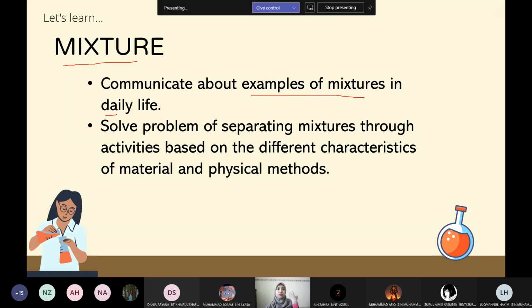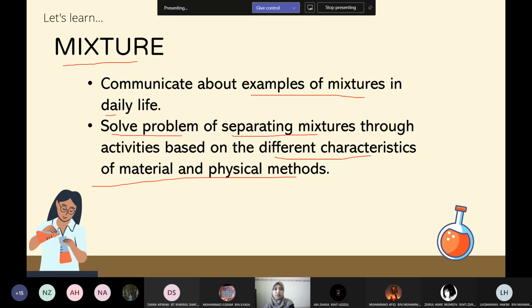Means that you should be able to give examples of mixture in daily life, and you should be able to solve problems of separating mixture through activity based on the different characteristics of materials and physical methods. Maksudnya, you should be able to describe how to separate a mixture using different examples of separation method.